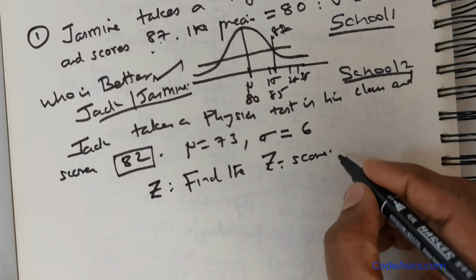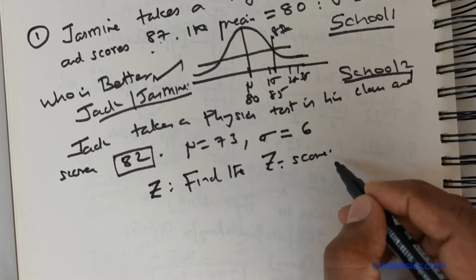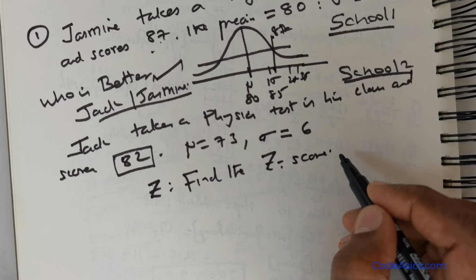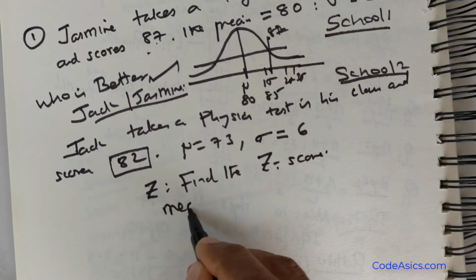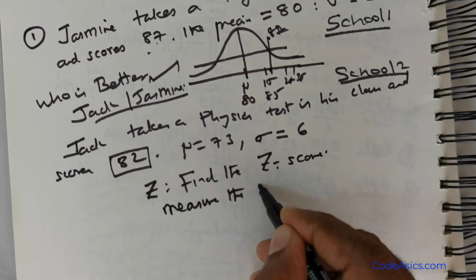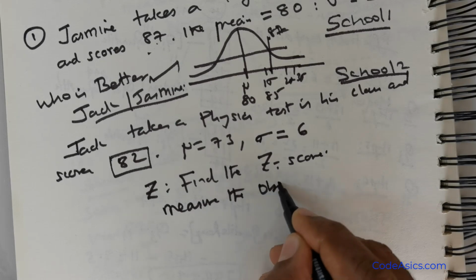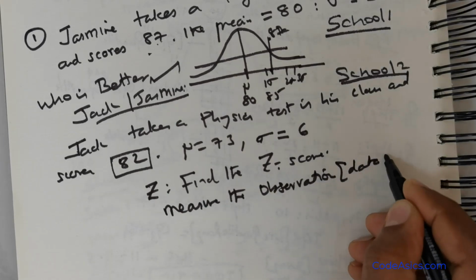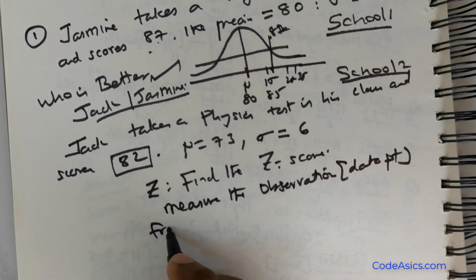Why do I need to find the z-score? If I'm able to find the z-score, then I would exactly be in a position to measure the observation, in this case the data point, from the mean.